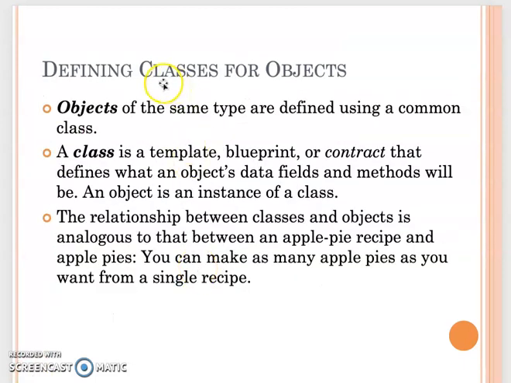To summarize the definition of class and object: objects come from the same data type defined using a common class. A class is the template, blueprint, or contract that defines what an object's data fields and methods will be. That's why when you create a class, you can create objects.